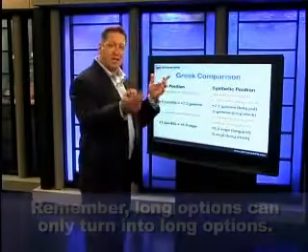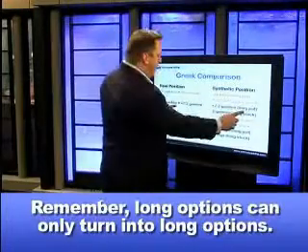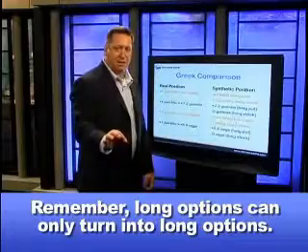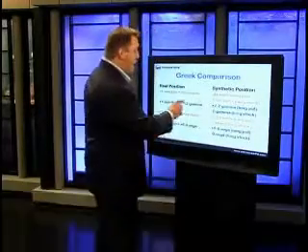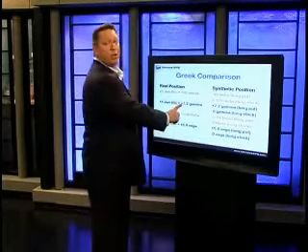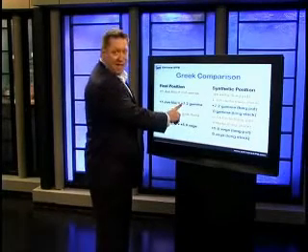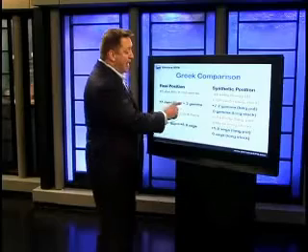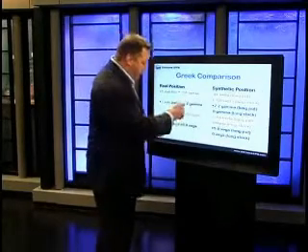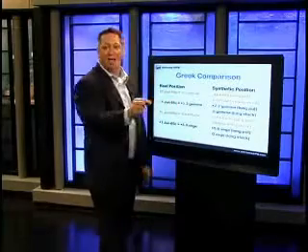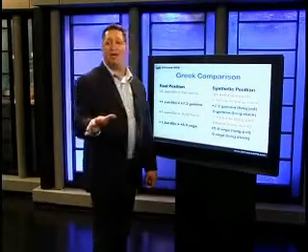This is why I said earlier that long options can turn into long options. Long options can't turn into short options because this number for a long option will be positive. If I'm trying to turn a long option into a short option, it doesn't work because one will have a positive number, the other will have a negative number.